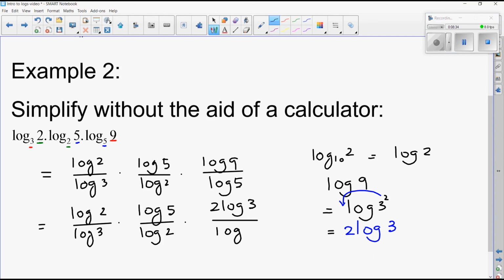So let's divide. So we see log of 2 divides into log of 2. Log of 5 divides into log of 5. Log of 3 divides into log of 3, because 2 log 3 is 2 times log of 3, and I can cancel the log of 3, which is a factor. And at the end, if I multiply all of the values in my numerator, I have 2 over 1, so my final result is 2.